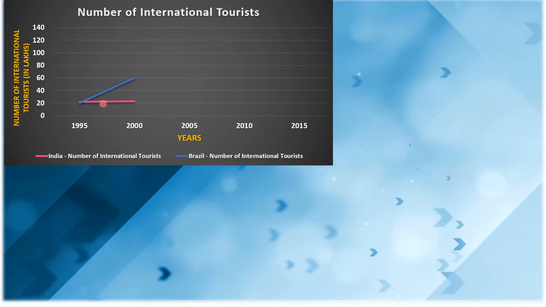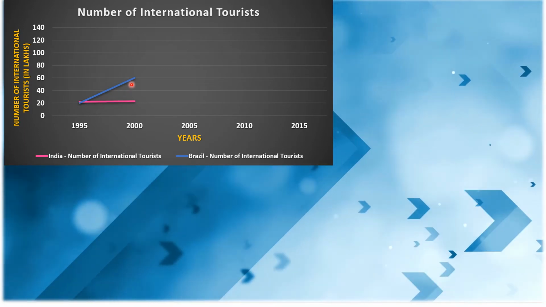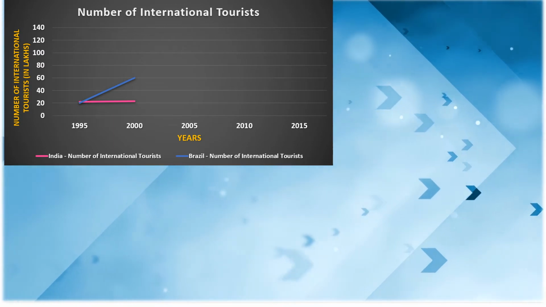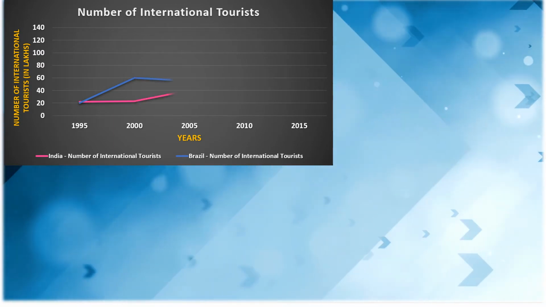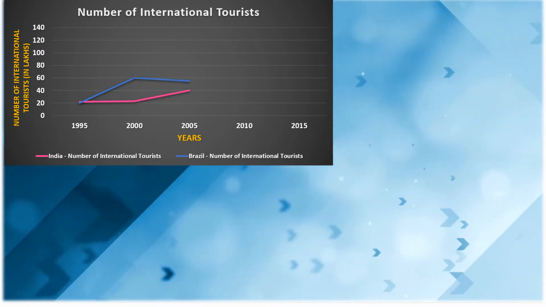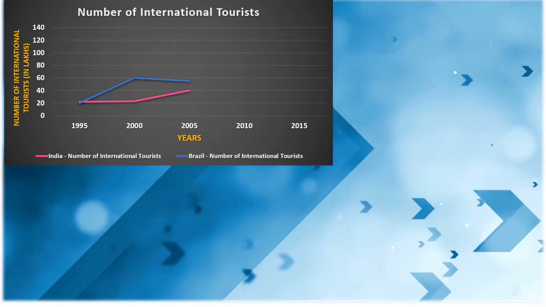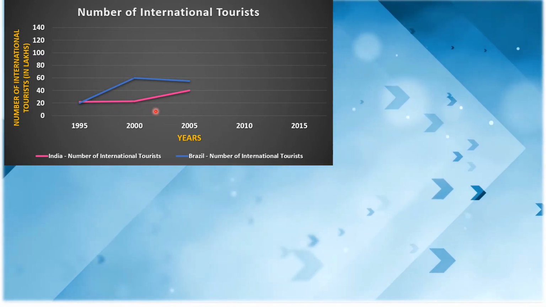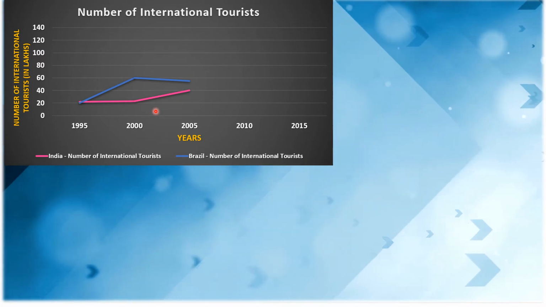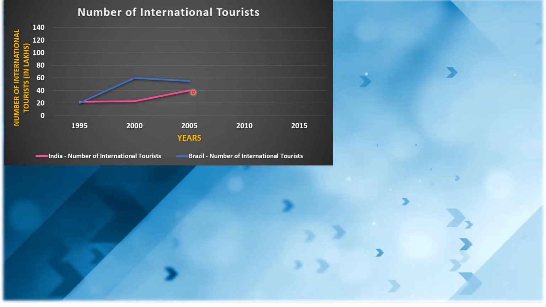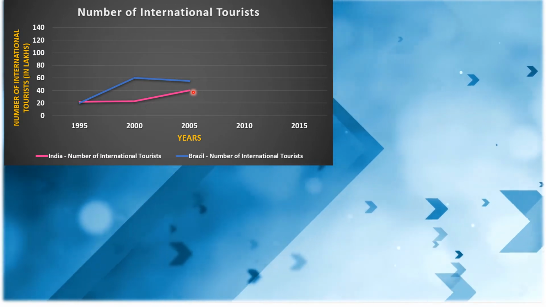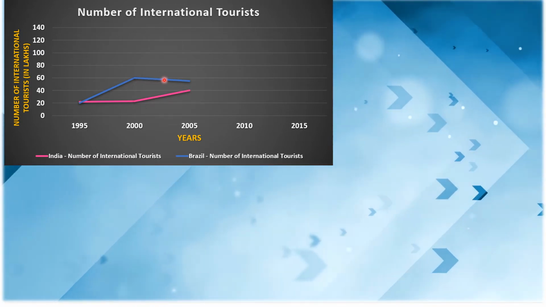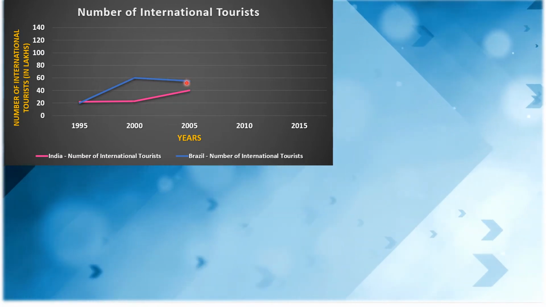In 2000, Brazil has more number of international tourists compared to India. Now from the year 2000, India is showing steady increase in the number of international tourists, whereas Brazil is showing a steady decrease in international tourists.